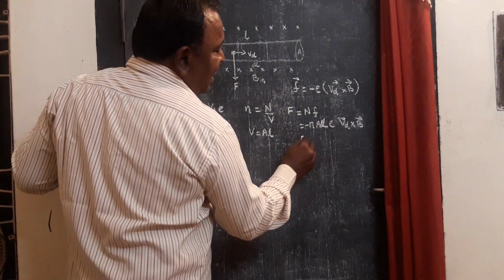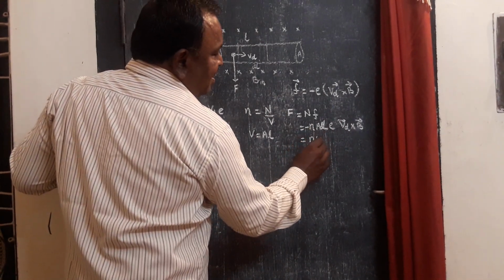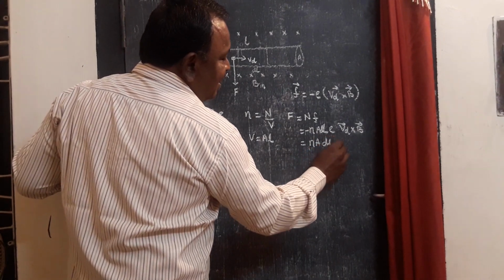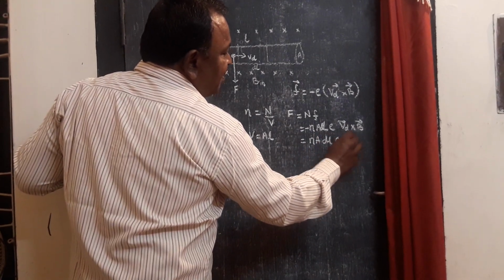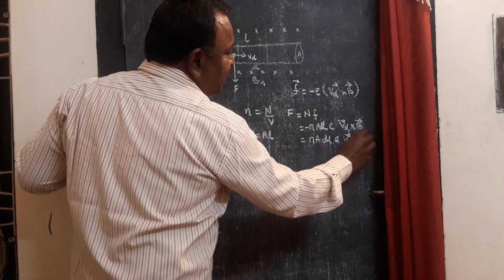So we will have nA dl times minus e Vd cross B.